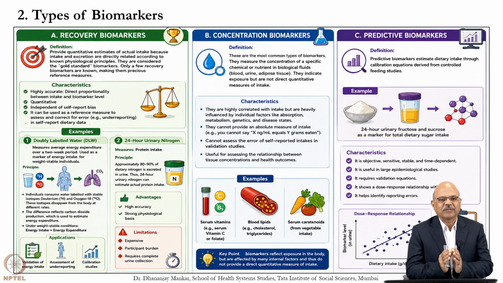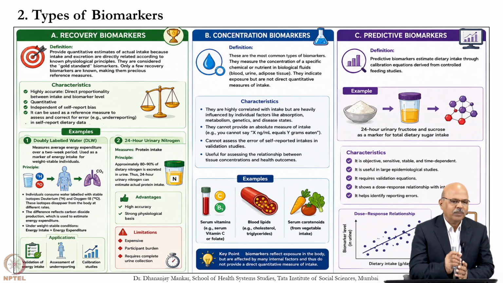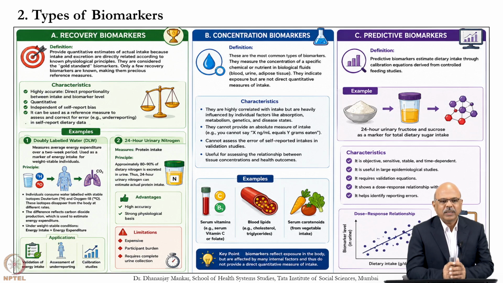Now we will take examples of recovery biomarkers. Doubly labeled water, DLW, measures average energy expenditure over a 2-week period, used as a marker of energy intake for a weight-stable individual. Why is it done?